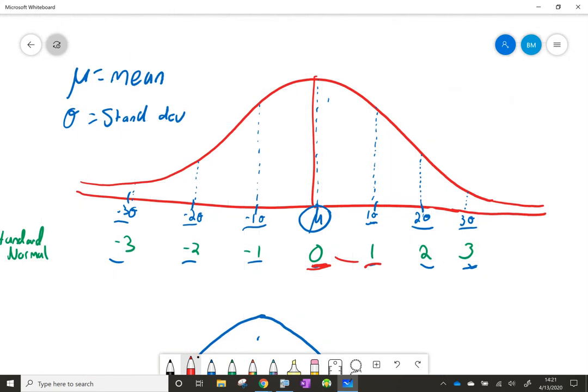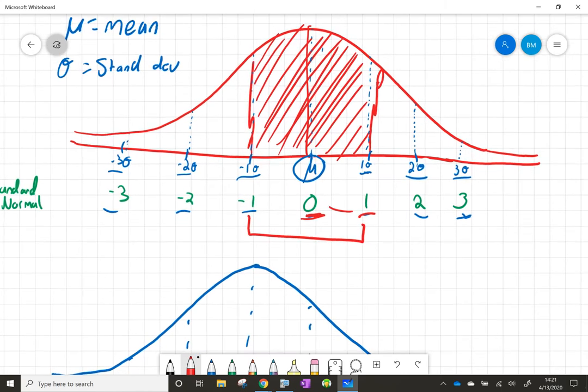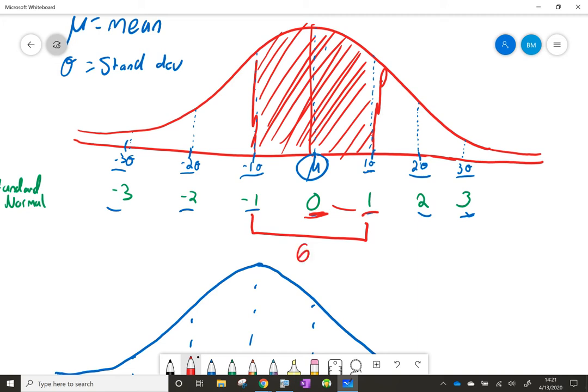So within one standard deviation, so basically this region here, from one standard deviation to the left to one standard deviation to the right, this is always, for a normal distribution, about 68% of the data that falls in that region. Why 68? Because that's just the way it calculates.